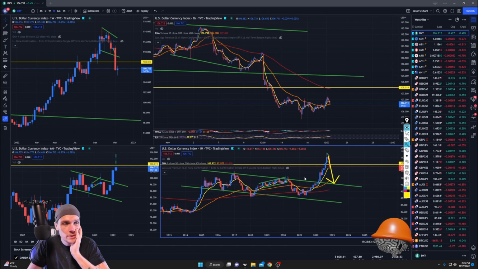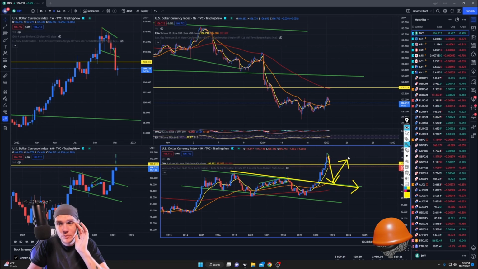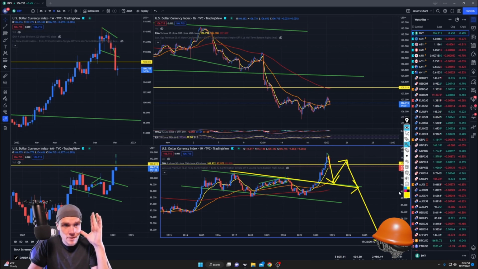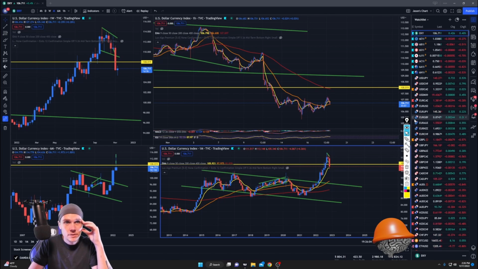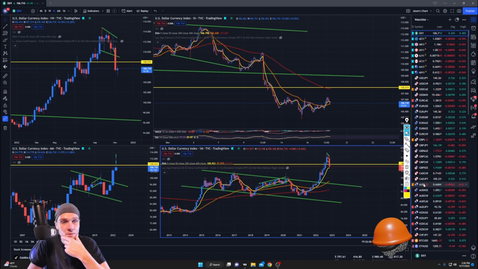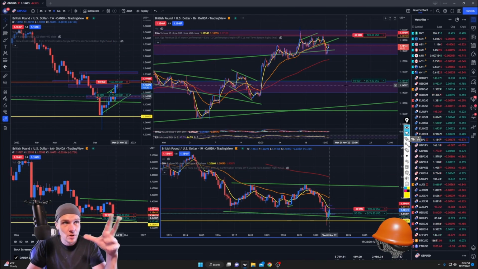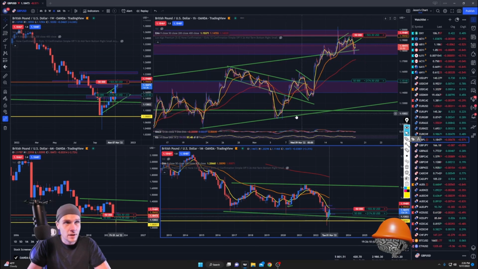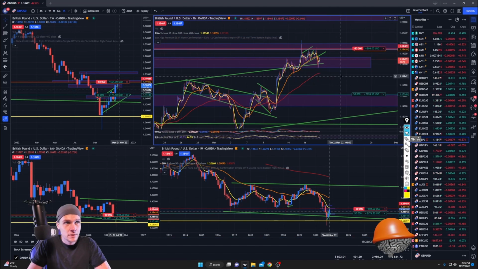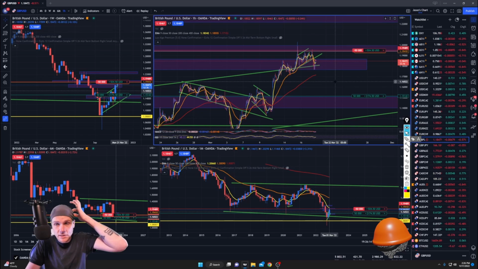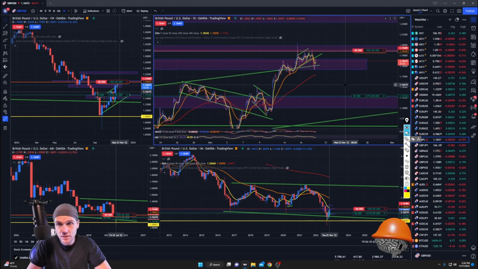The dollar could come down and retest this area here, then go back up for a while, and then crash from there. We'll have to see exactly what happens, but regardless, we had a massive run up, and we're looking for a deep pullback before buyers are going to keep buying this. They're going to want to see this pullback.